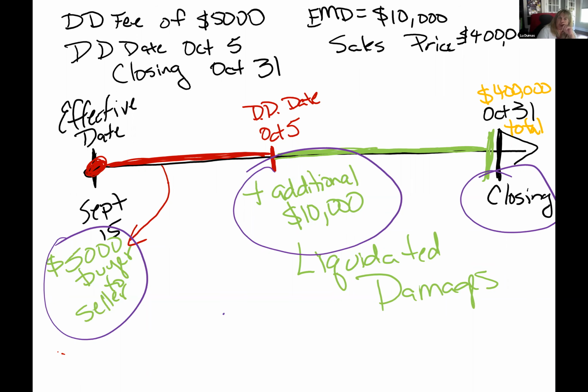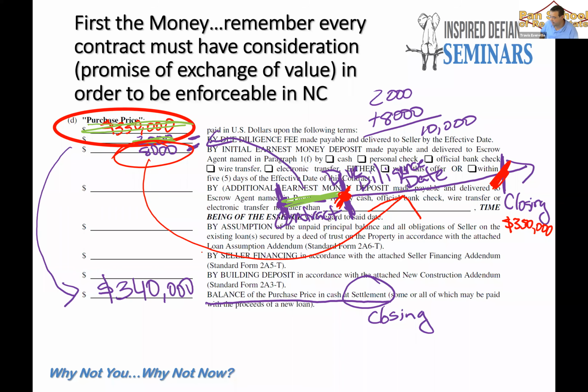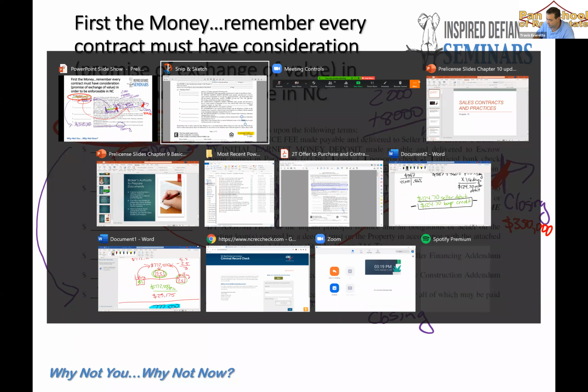Travis, do the buyers present the checks at each date or all at once? That's a really great question, Lou. Generally speaking, we have them present them right up front. As a matter of fact, if we look at the actual contract itself, I'm going to show you a clean version of this.